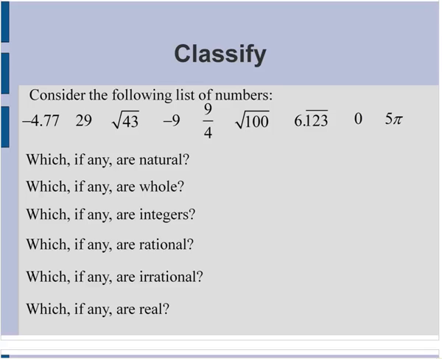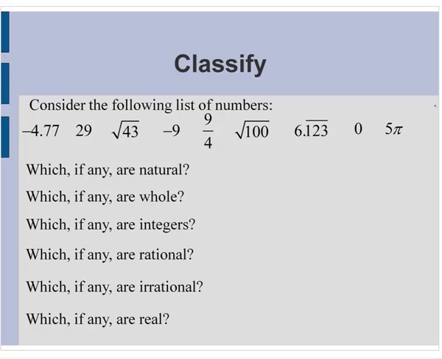Alright, so let's consider this following list of numbers. The idea here is let's look at these numbers and figure out which ones fall in the different categories. Alright, so first, which, if any, are natural? So remember, the natural numbers are our counting numbers. 1, 2, 3, 4, etc. Now, some of these are in forms that are a little tricky to work with.